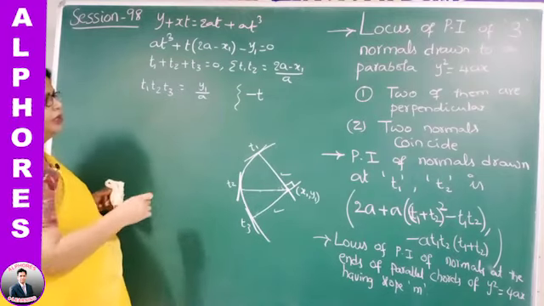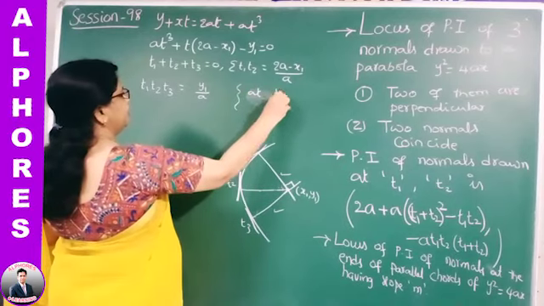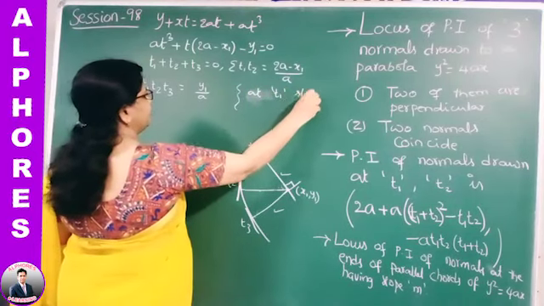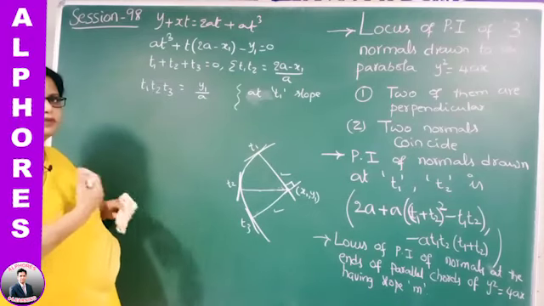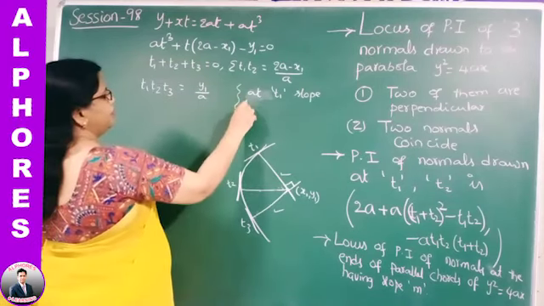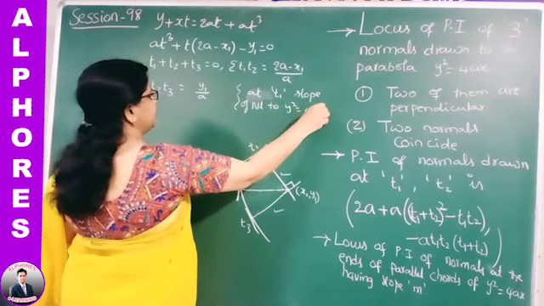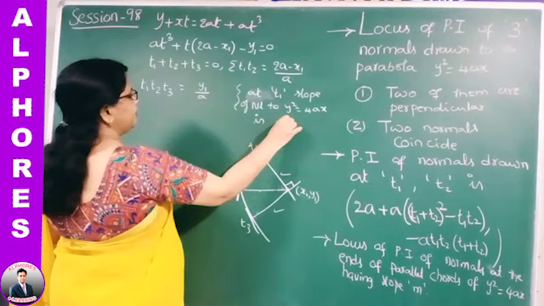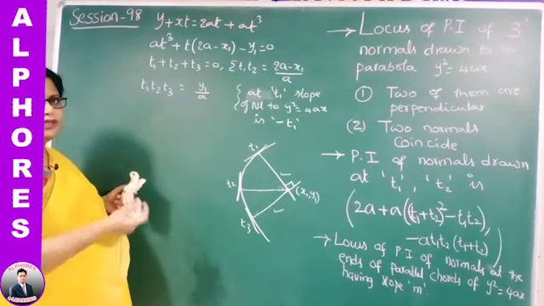At t1, that is the point at1 squared, 2at1, the slope of the normal to the parabola y squared equals 4ax is minus t1, right?